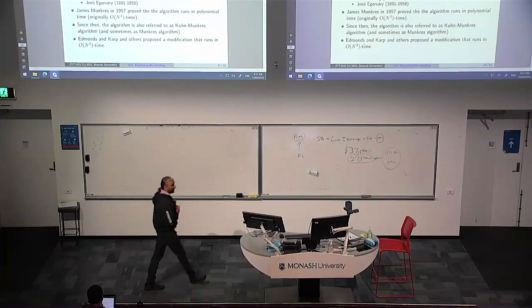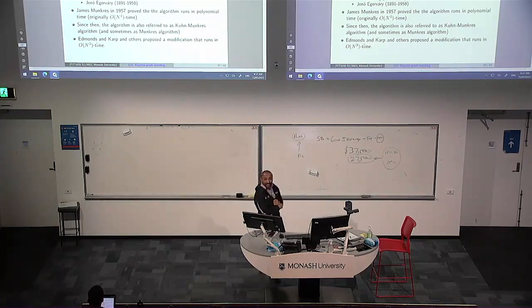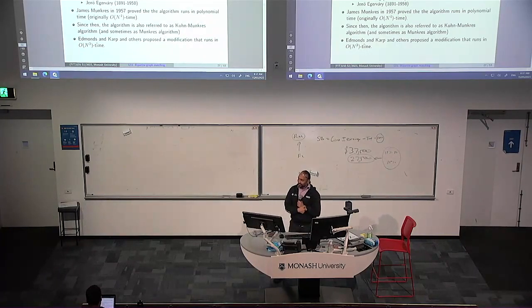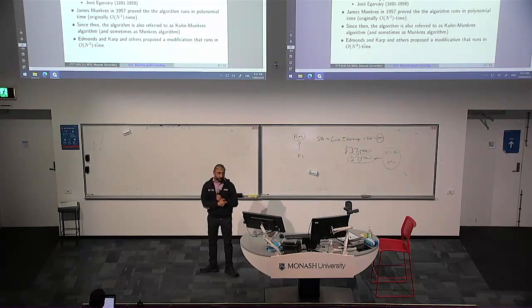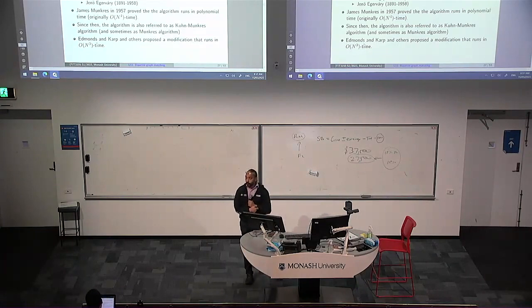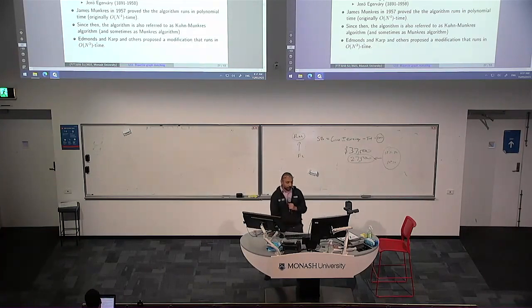The same set of people were working on related problems, network flows on one side, and weighted bipartite graph matching on the other side. They showed a provably optimal algorithm. So you can't do better than n cubed for this algorithm. So they came up with that.